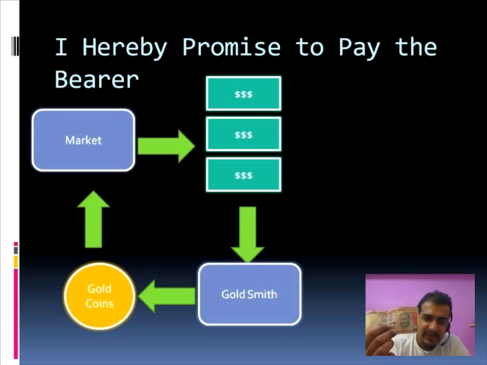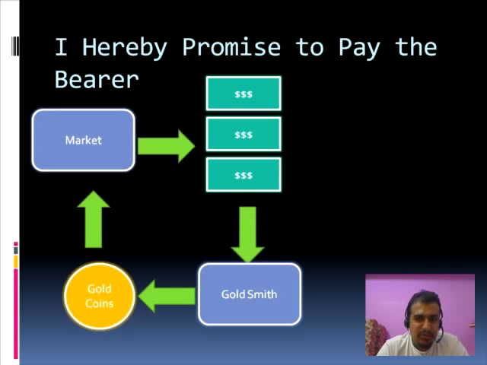It's written here, somewhere here, it's written that I hereby promise to pay the bearer the sum of 1,000 rupees. Now, once upon a time, how it would work was the paper notes there would have, I hereby promise to pay the bearer 10 gold coins or 20 gold coins. So, this bit of text that you find on currency notes has a very, very old origin. This is not something new. This has been there for a very, very long time. So this is something which goes back to those days.